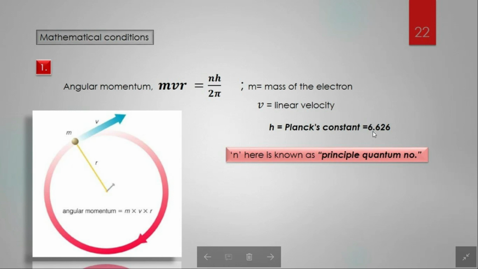Sorry, the value of h written here is incomplete. It is actually 6.626 times 10 to the power minus 27 erg second.